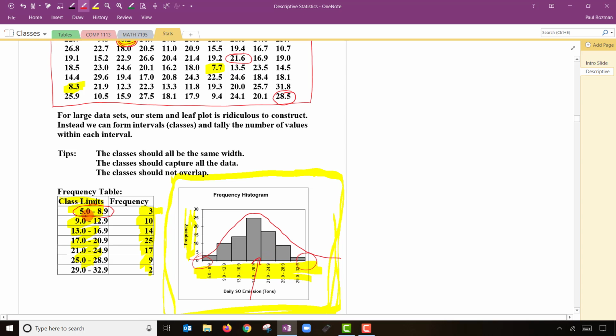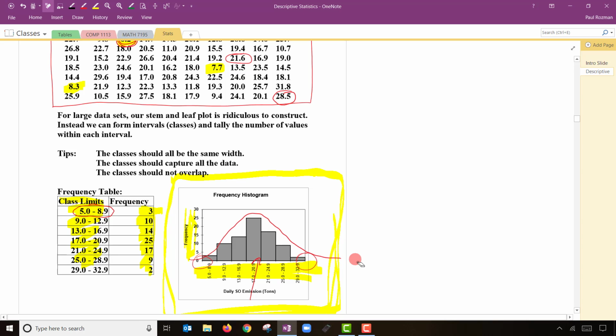Had I made my categories 40 units wide, 5 to 40, and then 41 to 80, it would be a pretty boring chart. You'd have two rectangles, so you wouldn't see very much. So you want to make sure you have enough categories that you can actually represent the data, but not too many categories that you just end up with a straight line.